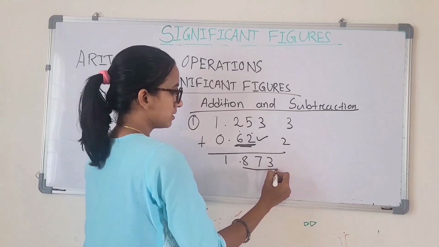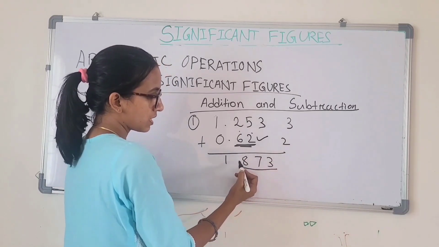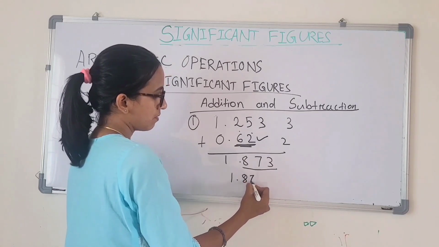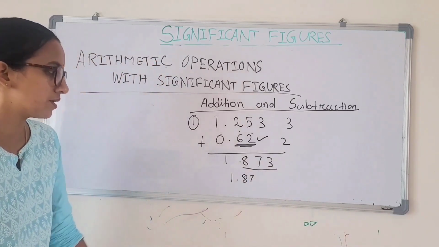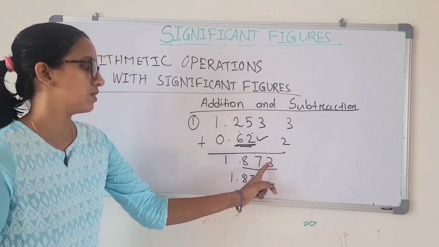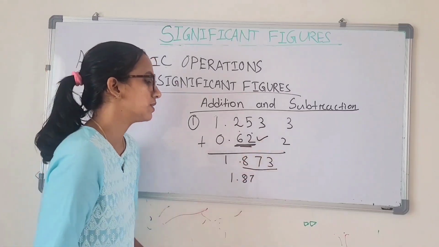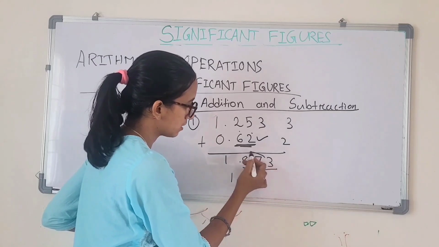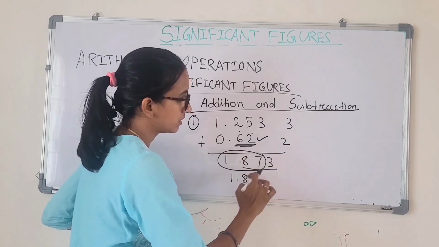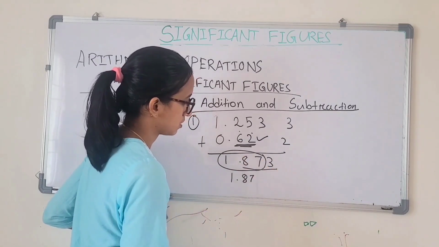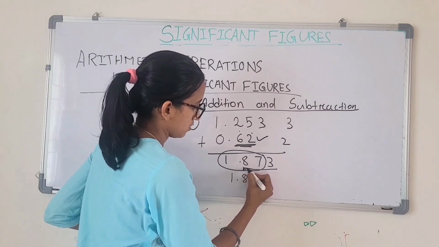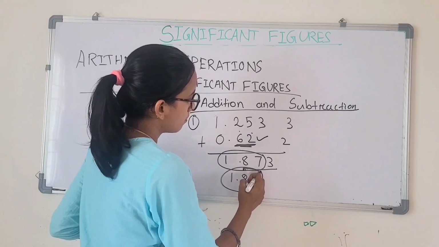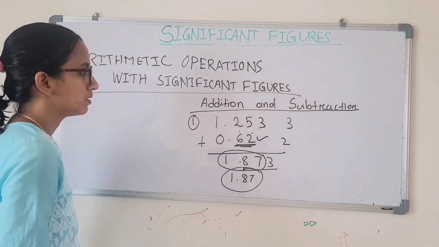But our raw result has 3 digits after the decimal, so we have to write it as 1.87 because the least is 2. If the next digit is not above 5, then we don't have to think, we write the digit as it is. We will discuss that in the next topic. It was an easy example.